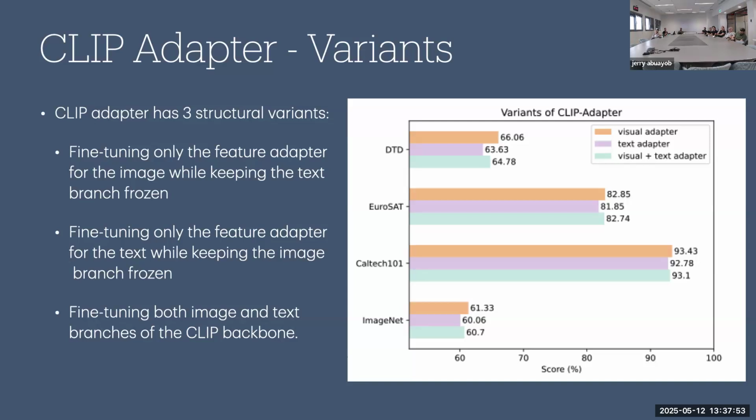This indicates that it is more important to conduct image feature adaptation than text feature adaptation. So maybe the visual representation of CLIP can really be improved. Since the semantic gap between the images in the pre-training and the fine-tuning dataset is larger than that of the text features, maybe it's better to just adapt in the visual sense.